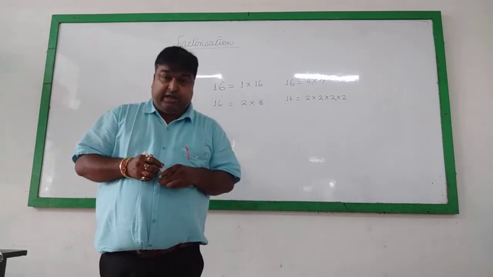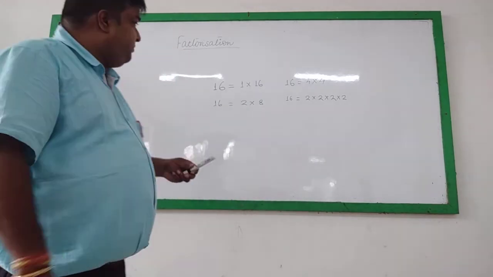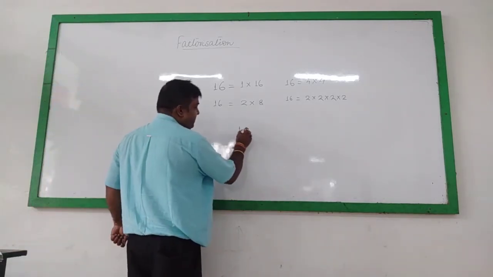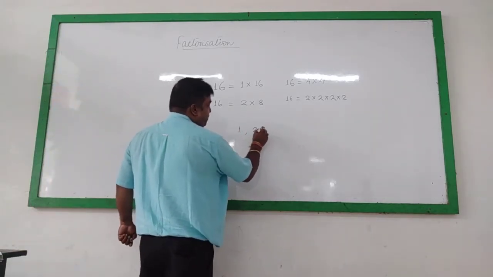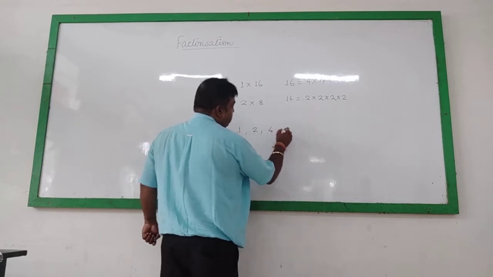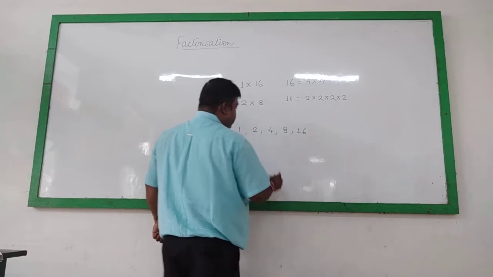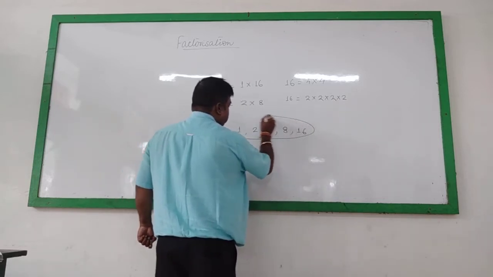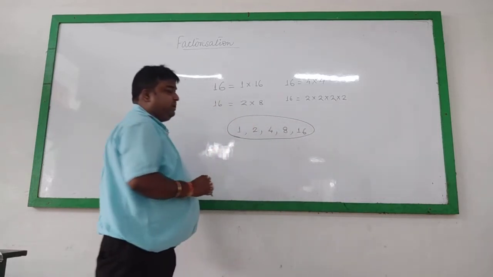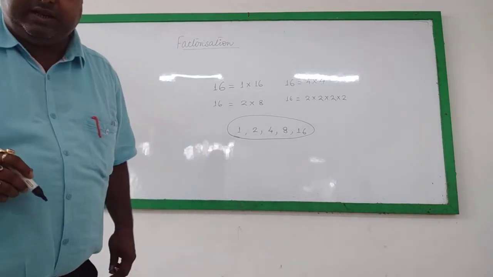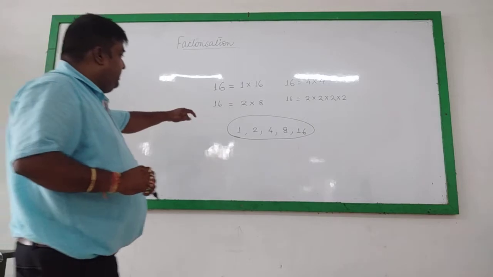These numbers 1, 2, 4, 8, 16 are called the factors of 16, isn't it?